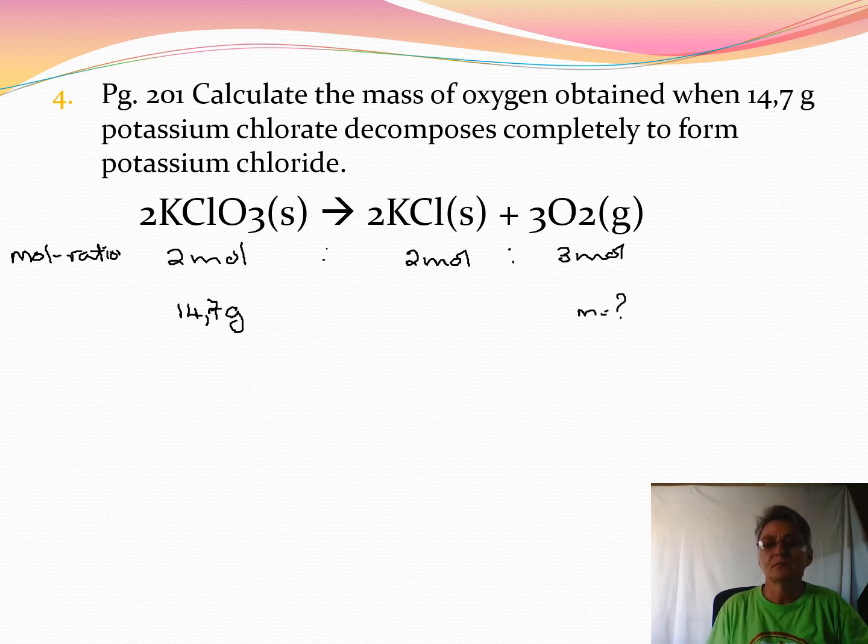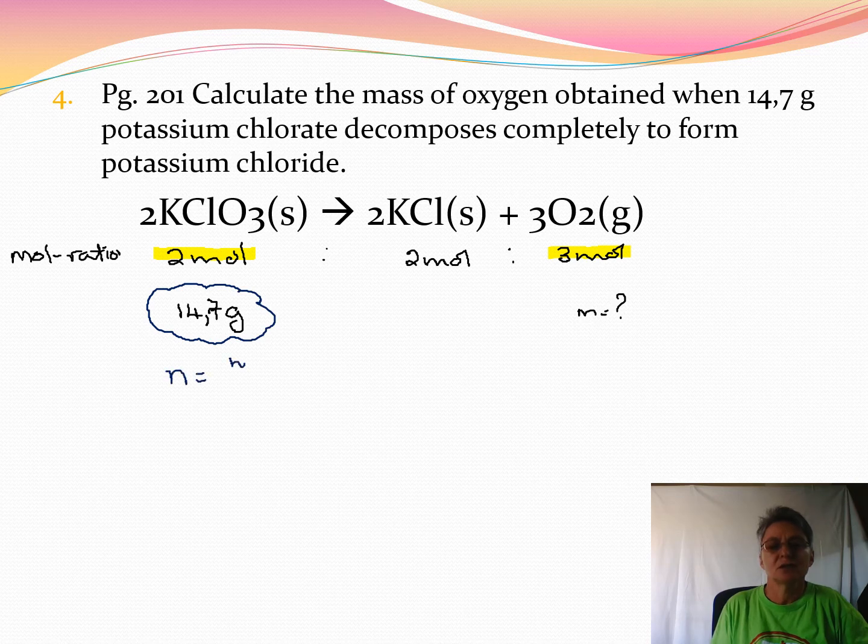So I'm going to write an M with a little question mark. Now, the easiest way is to use the mole ratio, not the mass ratio, the mole ratio. So this mass that they have given, I need to convert to moles.